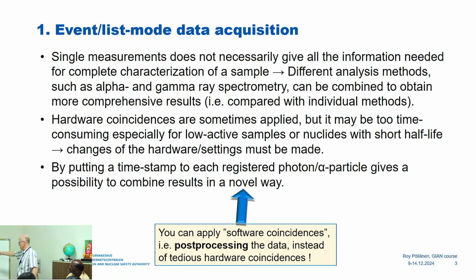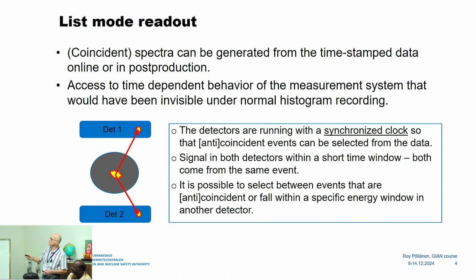But if you put a signal on each photon, you can apply so-called software coincidences. You can later combine these two methods. So it's post-processing the data instead of tedious hardware coincidences. I will explain this more.